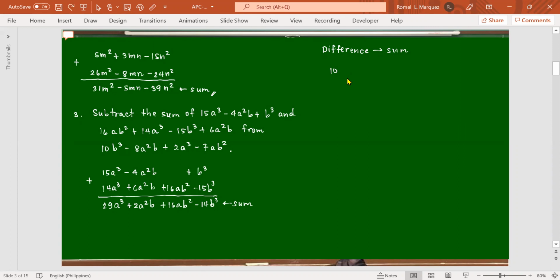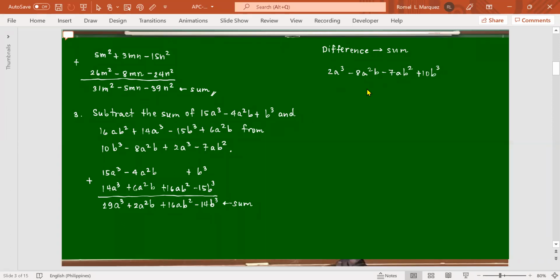Let's arrange from descending order of powers of a, no? 10a cubed, mali. Where did I copy 10a cubed? Positive 2a cubed minus 8a squared b minus 7ab squared plus 10b cubed. Am I right?